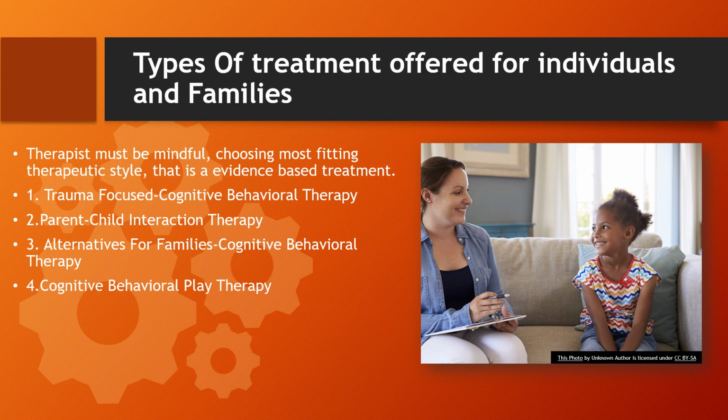Therapies included are: 1. Trauma-focused cognitive behavioral therapy, which treats symptoms of PTSD, anxiety, and depression. Number 2 is parent-child interaction therapy, which treats problematic behaviors such as aggression, emotional dysregulation, and children with disabilities. 3 is Alternatives for Families: A Cognitive Behavioral Therapy, which treats physical abuse, aggression, and works on conflicts in the family.